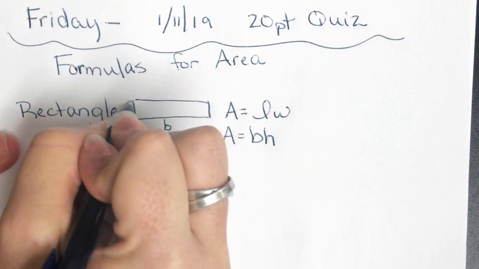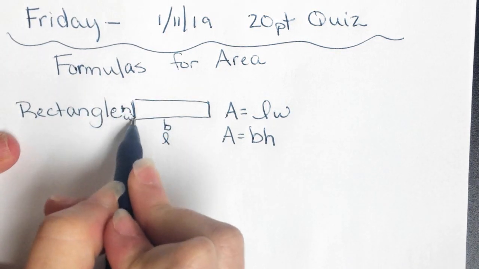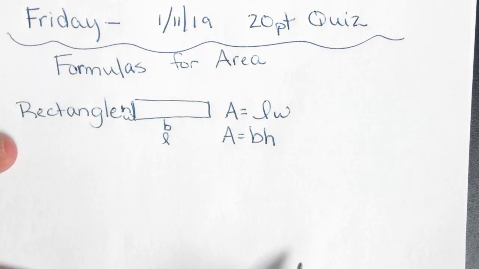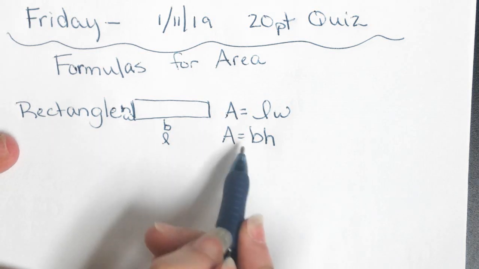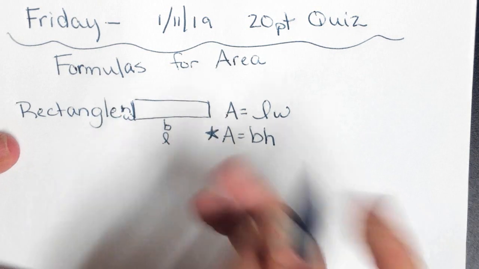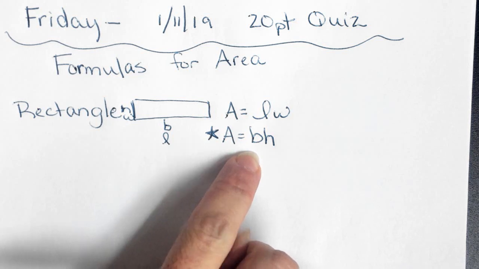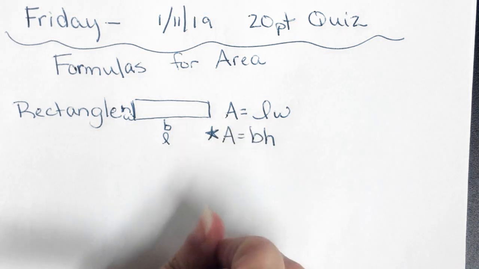And then this side is either the height or the width, whichever way you want to say it. You will see me use this one all the time because it's the same for a parallelogram. But I know in the book they use the other, so that's why I'm giving you both.